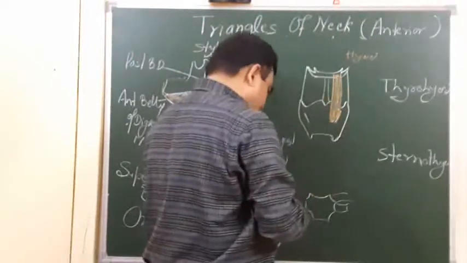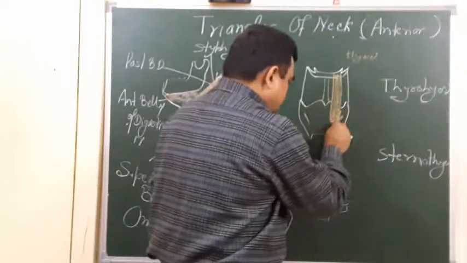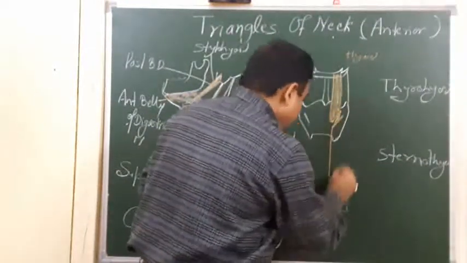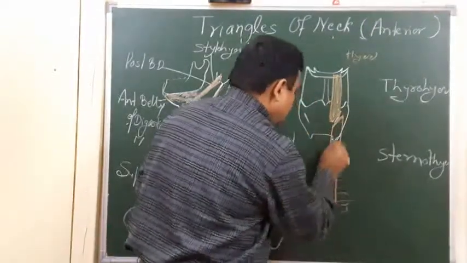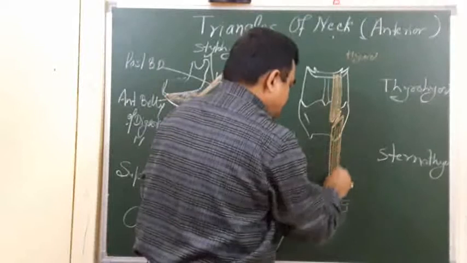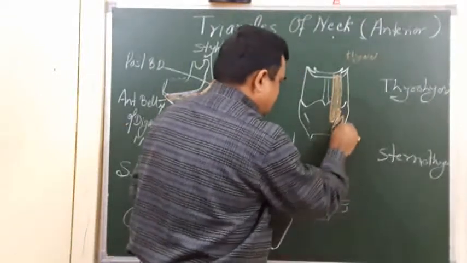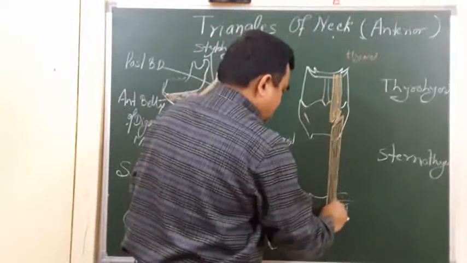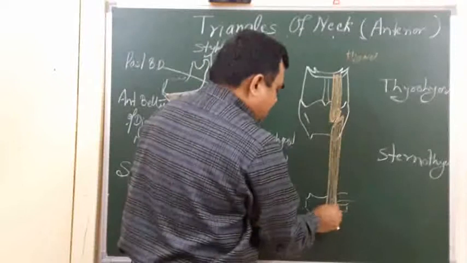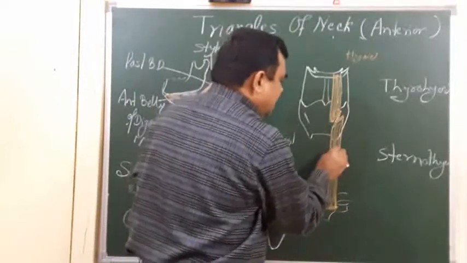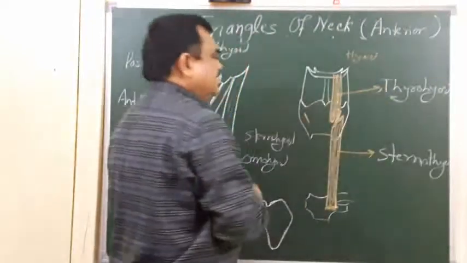Another muscle, this muscle, is sternothyroid. This muscle is sternothyroid and this muscle is thyrohyoid.